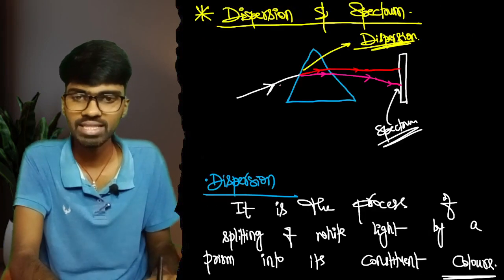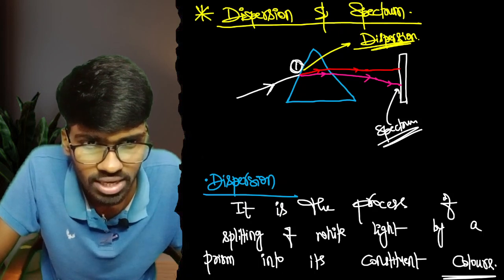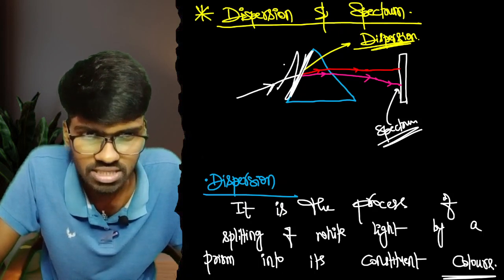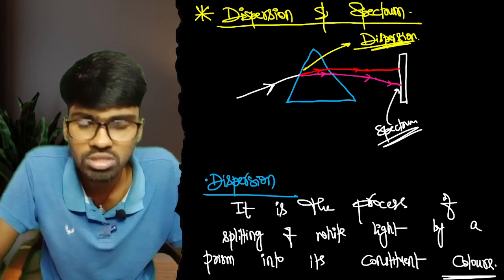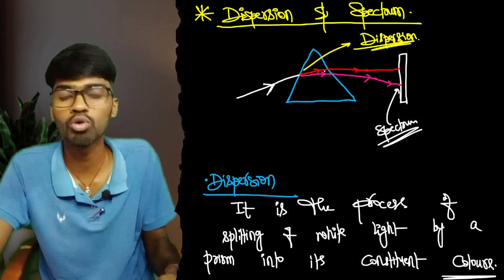Let us write an important note here: keep in mind that dispersion takes place in this surface only, meaning the very first surface. When white light falls onto this first surface, dispersion takes place in the first surface only.